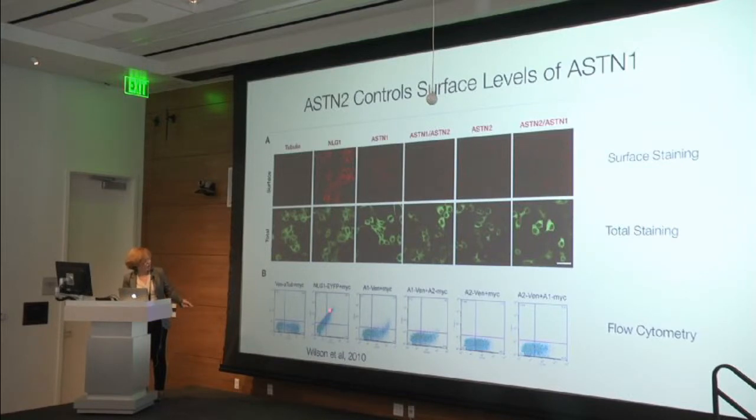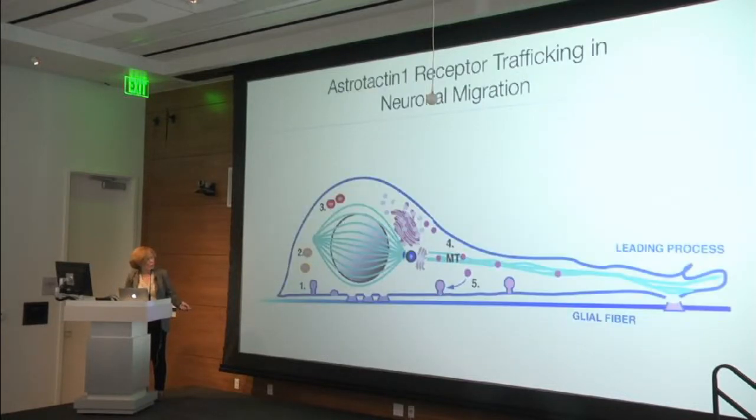Here's neuroligin, where you see lots of the protein on the cell surface. Astrotactin is not as much of it is on the surface as neuroligin, but what happens as you titrate in astrotactin 2 is astrotactin 1 disappears from the surface. So astrotactin 2 is not a neuron glial adhesion protein, it's regulating the trafficking of the first one.